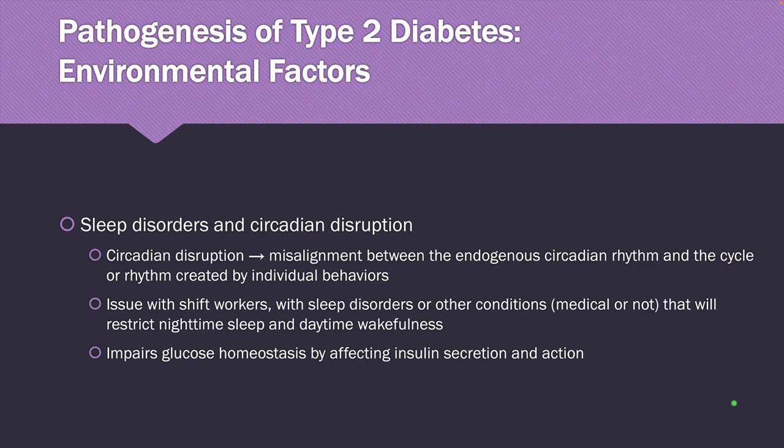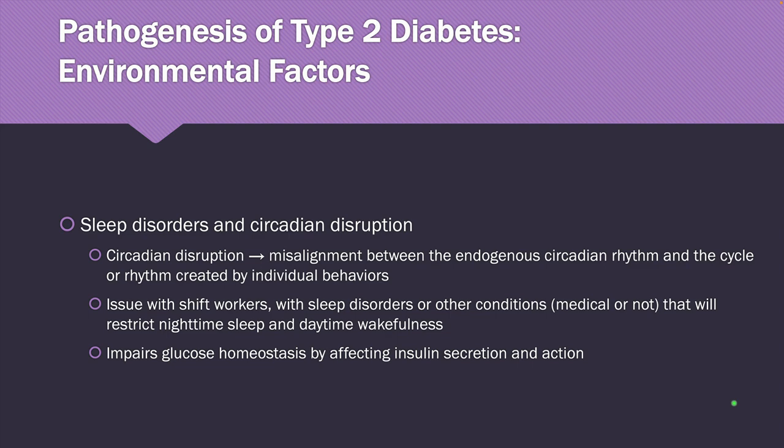This is very usual with us, especially yung mga nagdo-24-hour duty, yung mga night shift, like yung mga call center agents, and those people with sleep disorders, for example, sleep apnea and other conditions that can restrict nighttime sleep and daytime wakefulness. In patients with sleep disorders, there is an impairment of glucose homeostasis by affecting insulin secretion and action. That's why it's very recommended na kailangan if our patient has a sleep disturbance, you need to correct that as well.